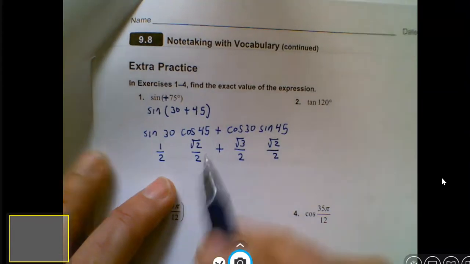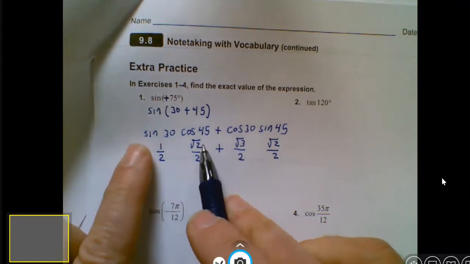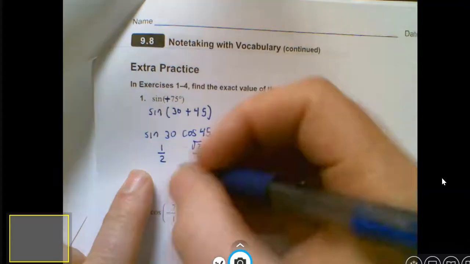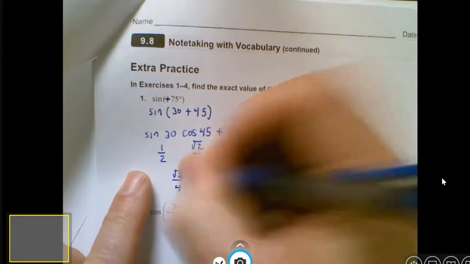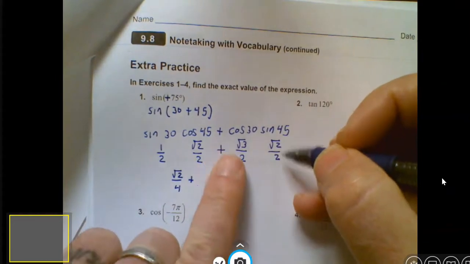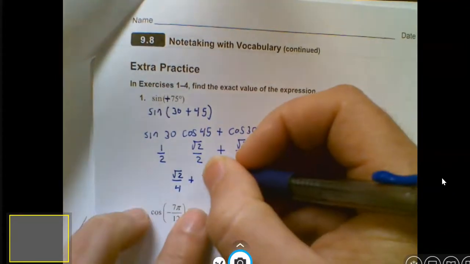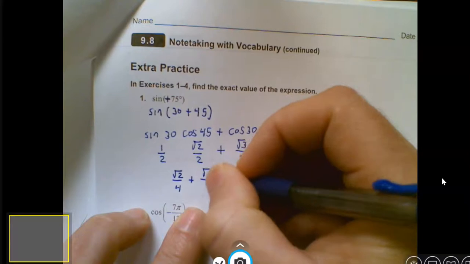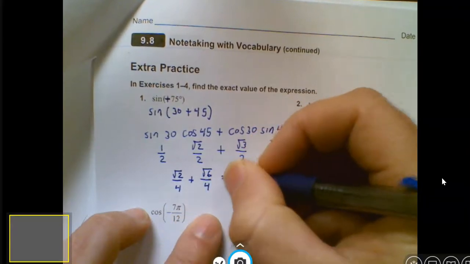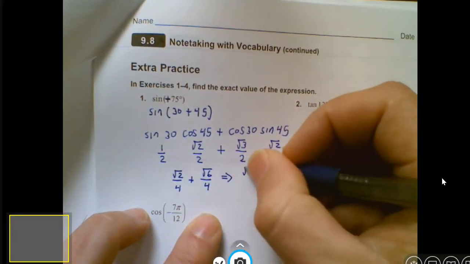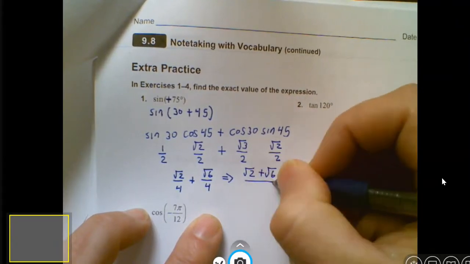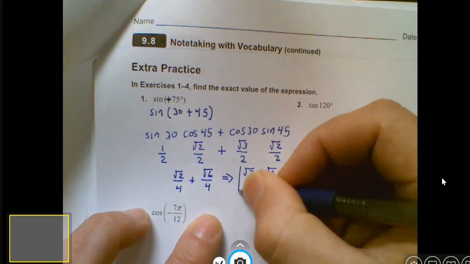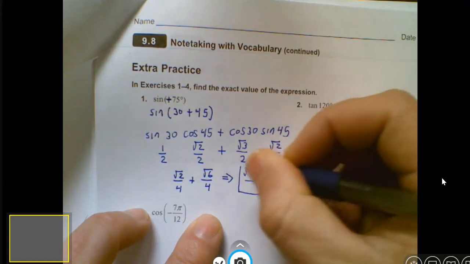Multiplying those together, I get rad 2 over 4. Multiplying those, I get rad 6 over 4. Since they have a common denominator, let's put those together and call it rad 2 plus rad 6, all over 4. That would be the best way to leave our answer.